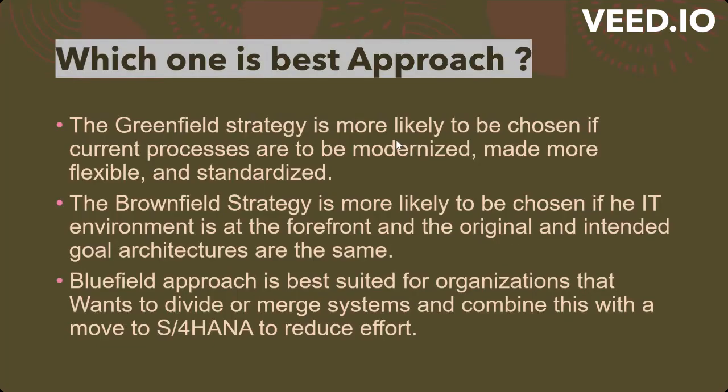Now we'll see which one is the best approach to use. It will differ from customer to customer. The greenfield strategy will be more suitable for, or will be chosen by, companies if current processes are to be modernized and standardized.